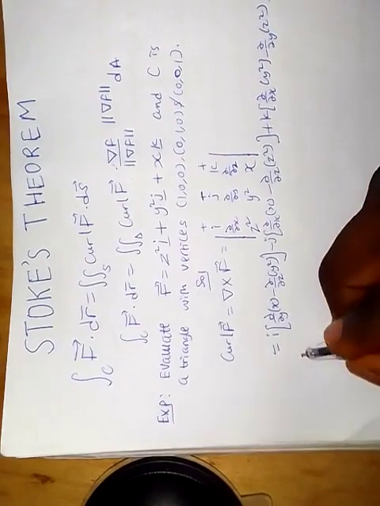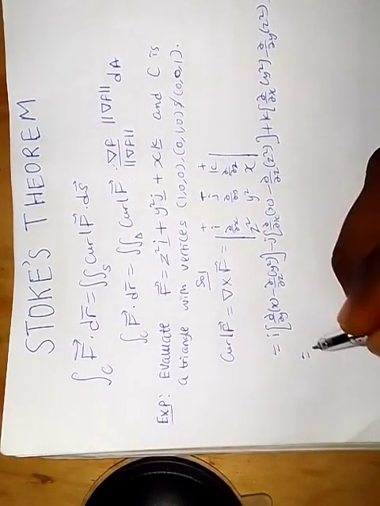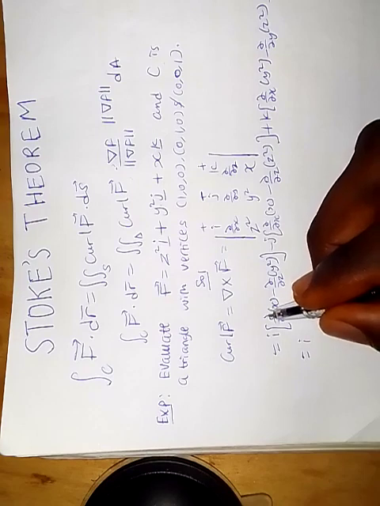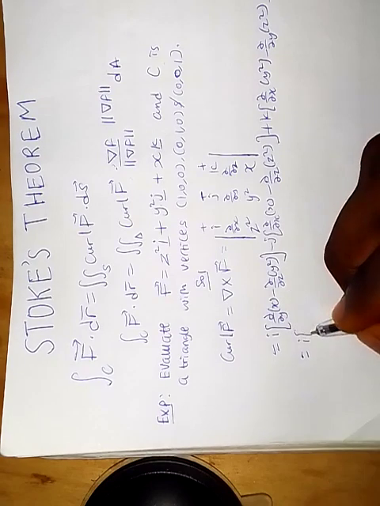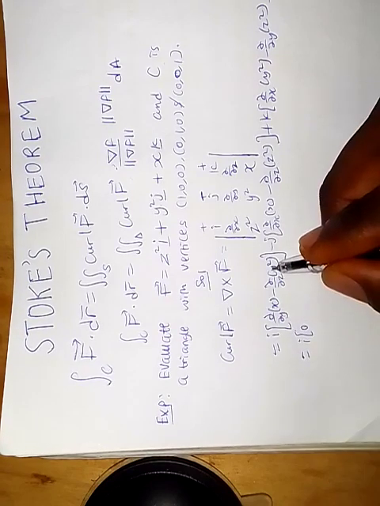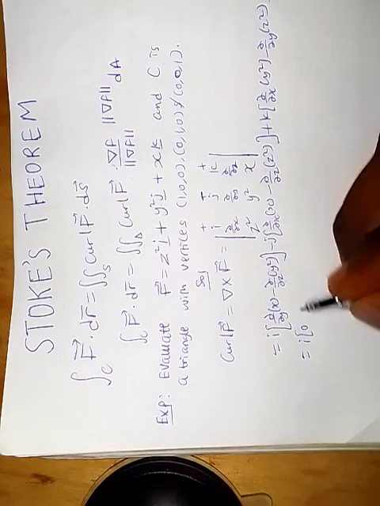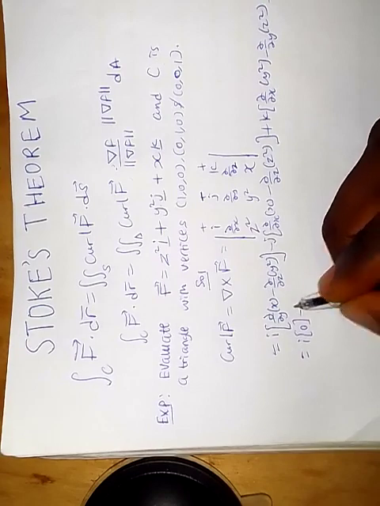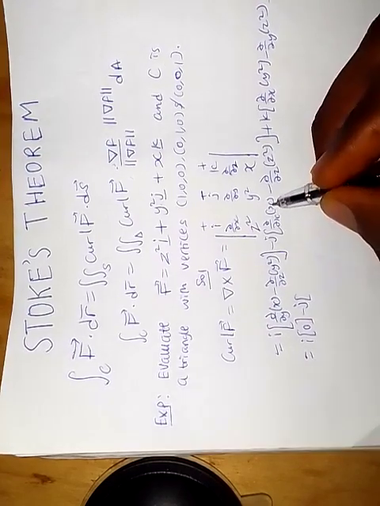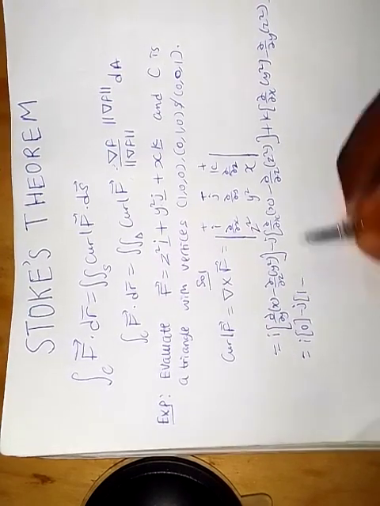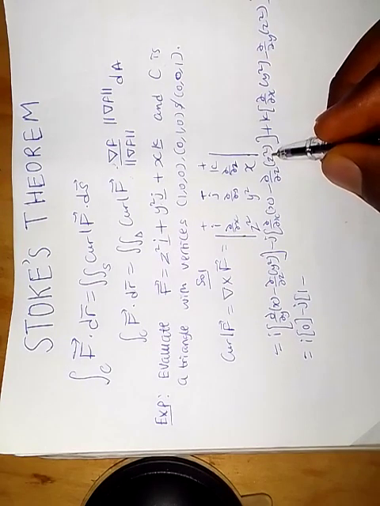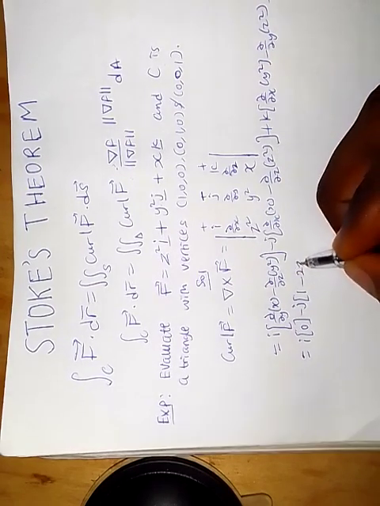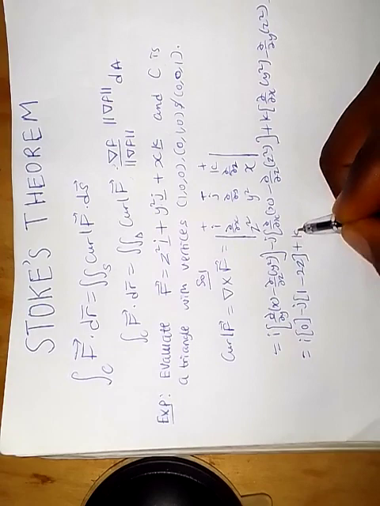So we can now proceed. The derivative of x with respect to y is simply 0, and the derivative of y squared with respect to z is also 0. So everything here is 0, minus j. When we take the derivative of x, we have 1. Likewise, the derivative of z squared gives 2z.